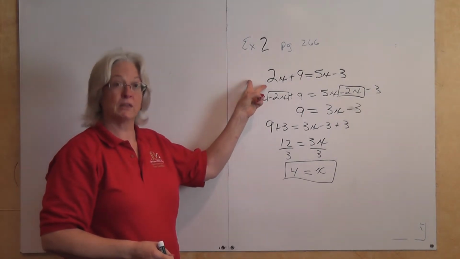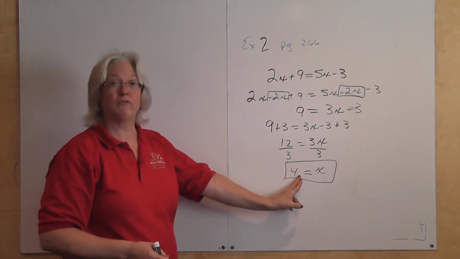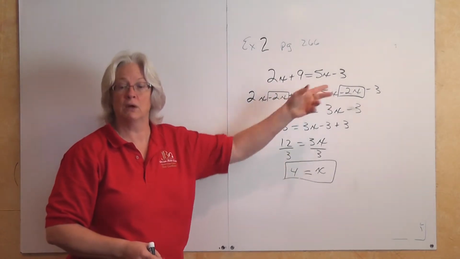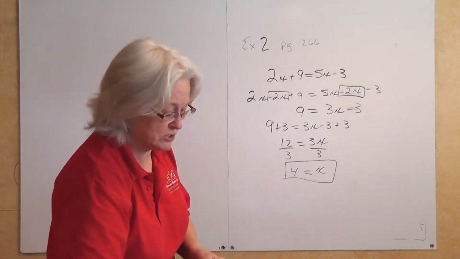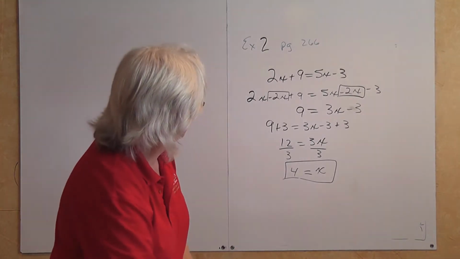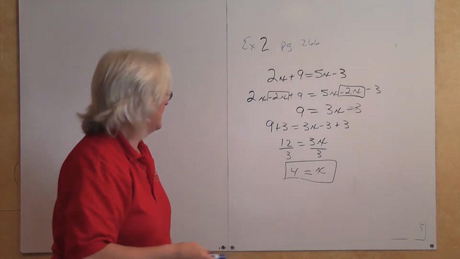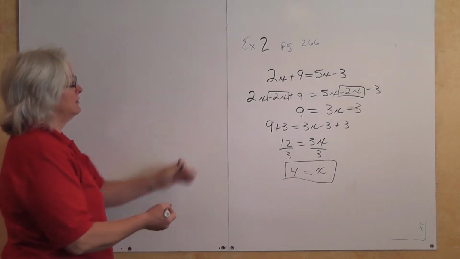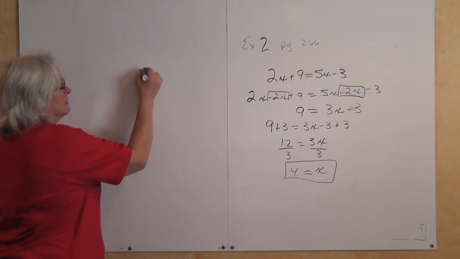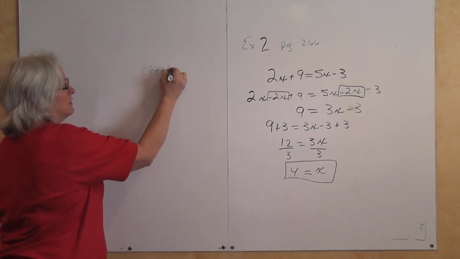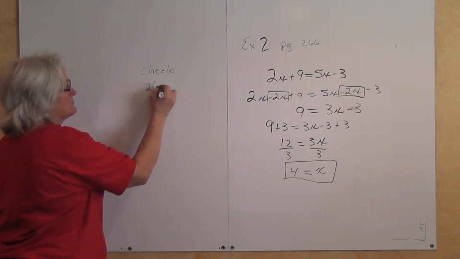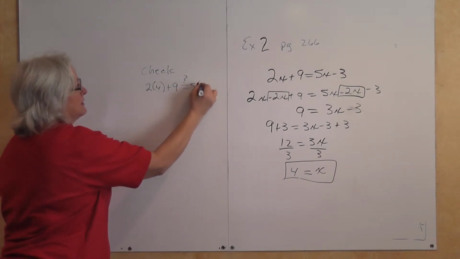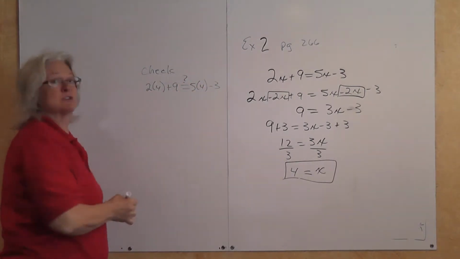What do we do to check this? Take our value of 4, substitute back into our original equation. Let's go ahead and do this, for our check. 2 times 4 plus 9, is that equal to 5 times 4 minus 3?